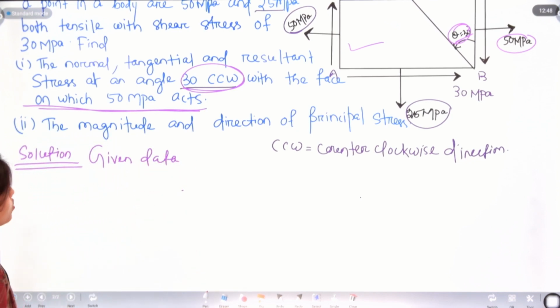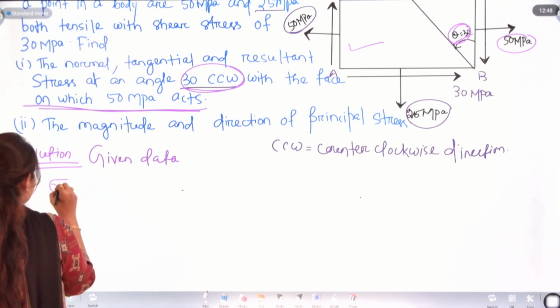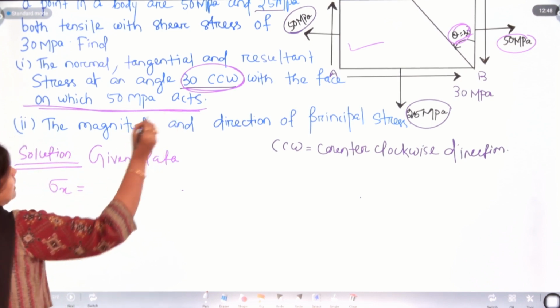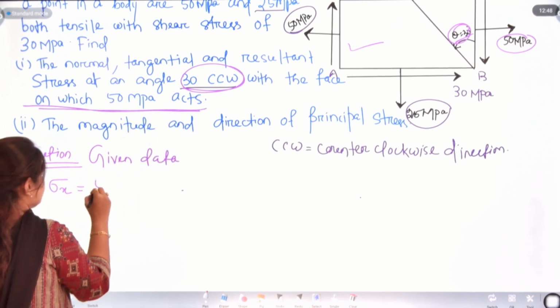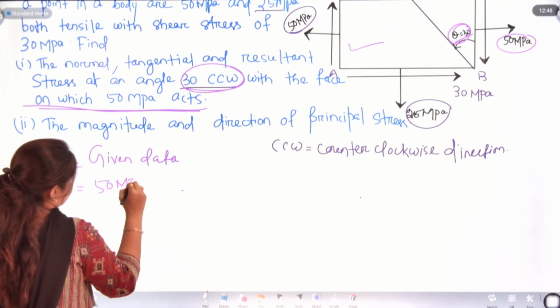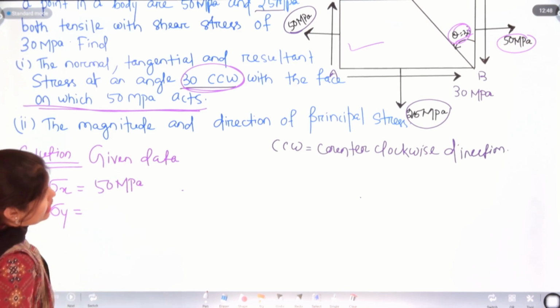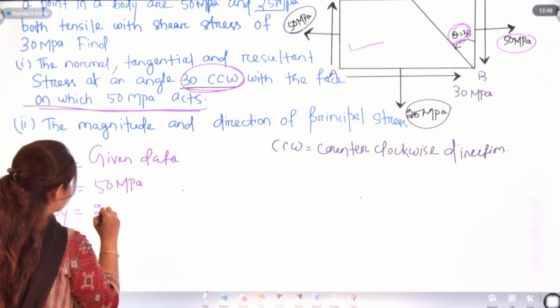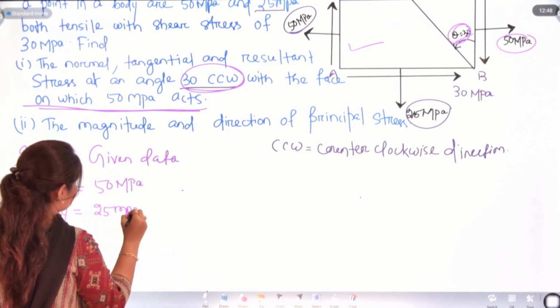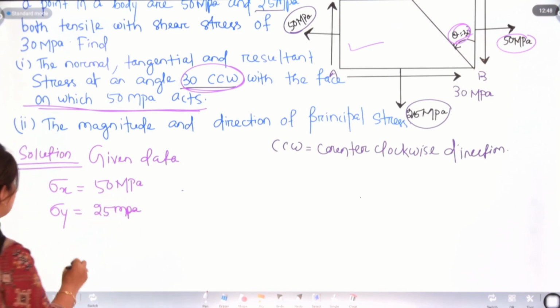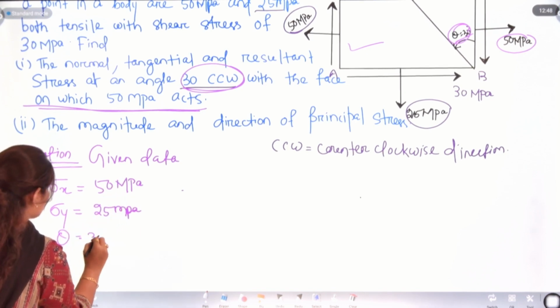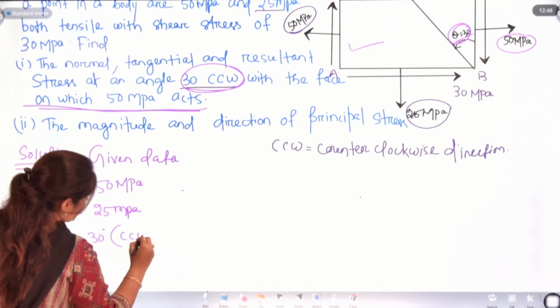Our first, sigma x is given, that is 50 megapascal. Next sigma y is given, that is 25 megapascal. Next theta is given 30 degree, counterclockwise direction.